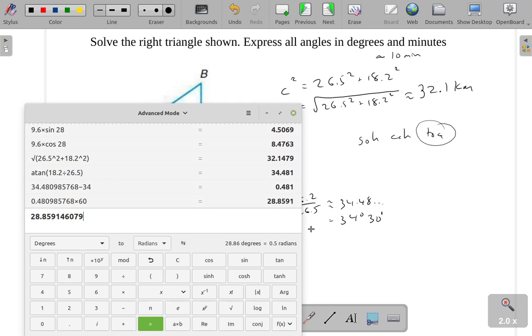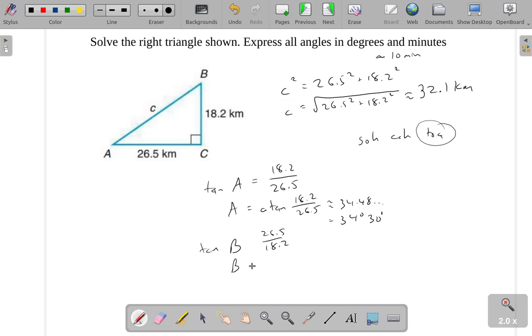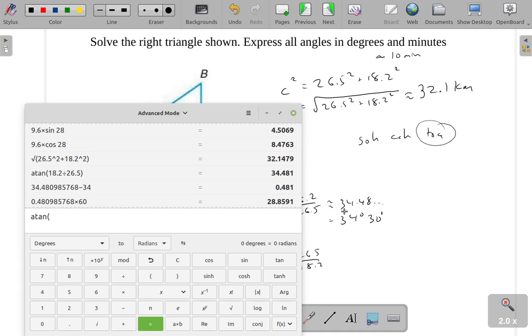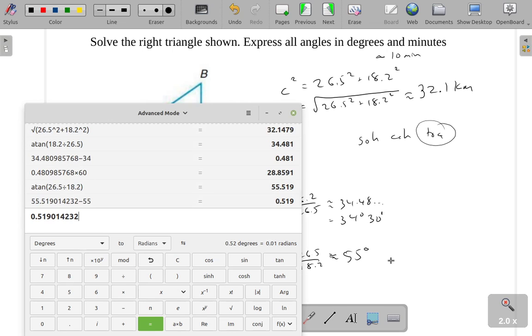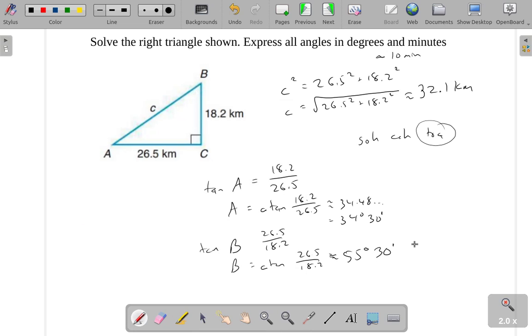So B is equal to the inverse tangent of 26.5 over 18.2, which gives me 55 degrees, 0.51 something. So this is approximately 55 degrees. Let me subtract off the 55 and convert the rest to minutes by multiplying by 60. Again, rounding to the nearest 10 minutes, this gives me 30 minutes.